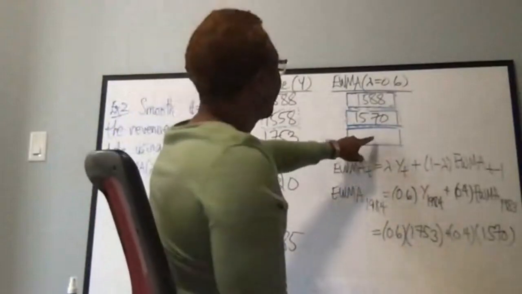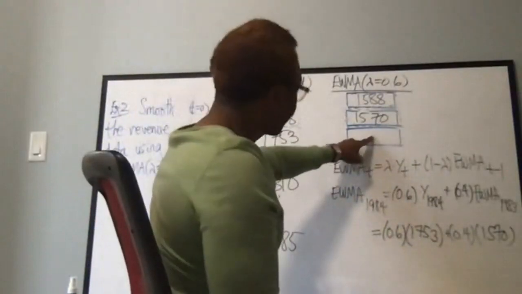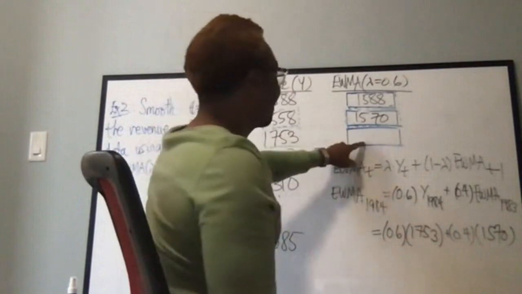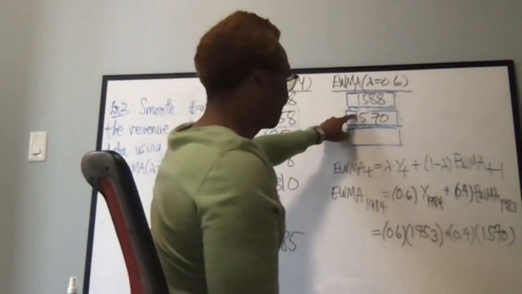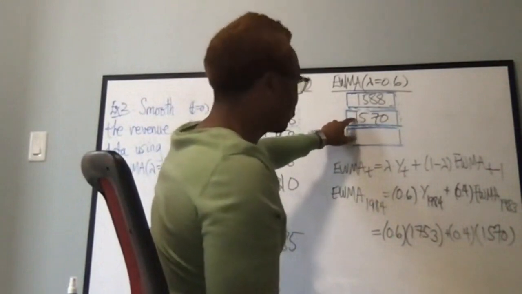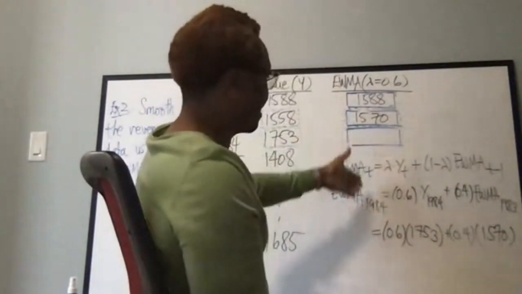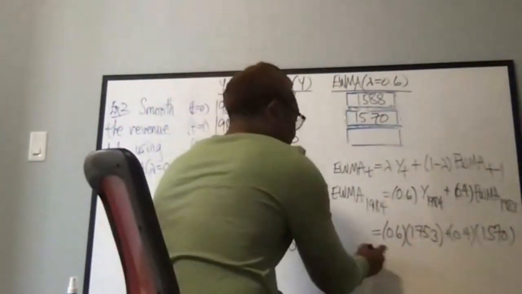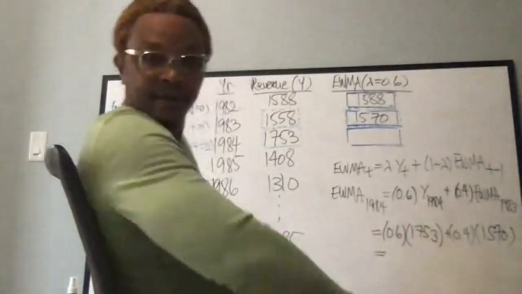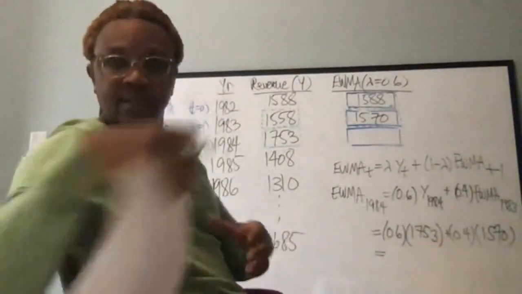So this value here, when I'm trying to smooth it, is coming from the value right beside it and the value right above it that we just calculated. So you have to be really careful because if this value that you calculate is incorrect, it's going to have a domino effect. So see what you guys get for this one right here. Anybody got that? And we'll just do one decimal place.